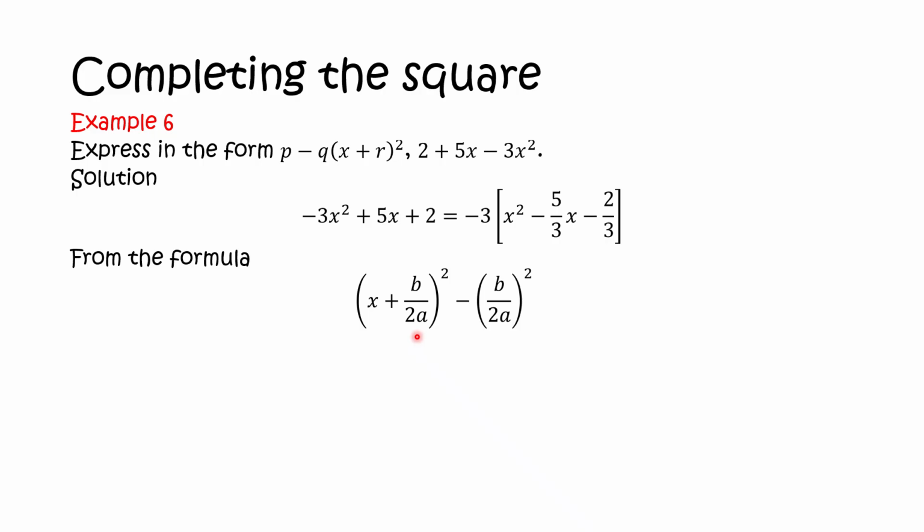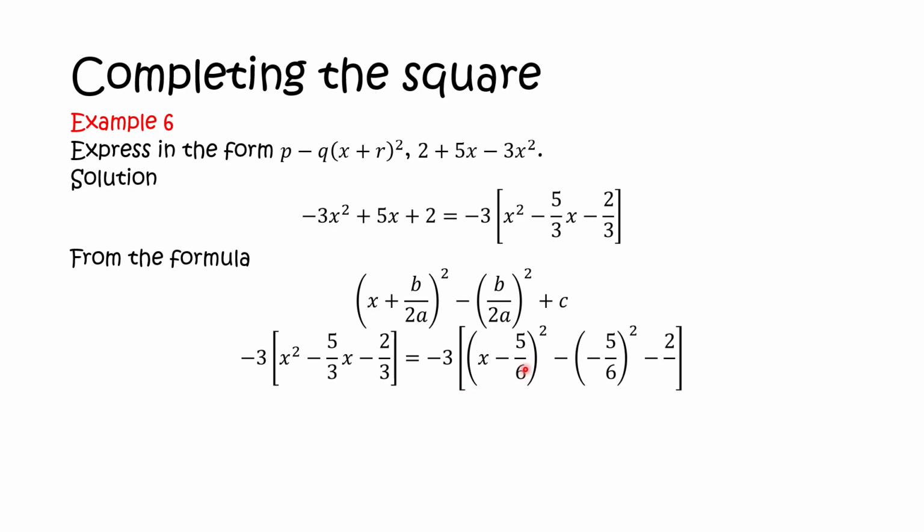Remember from the formula of case 3 that we are going to substitute. So the half of minus 5 over 3, which is the coefficient of x, would be minus 5 over 6, so that we have that in the square parenthesis. And simplifying further, we would have that.